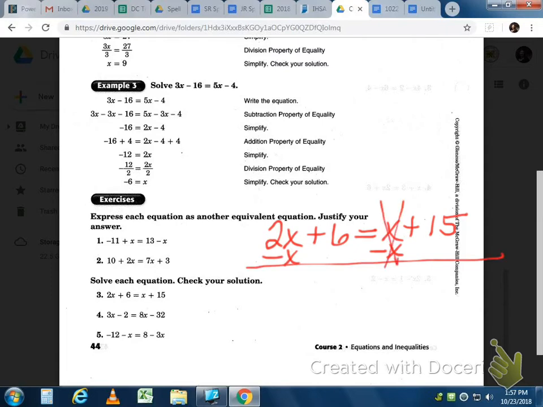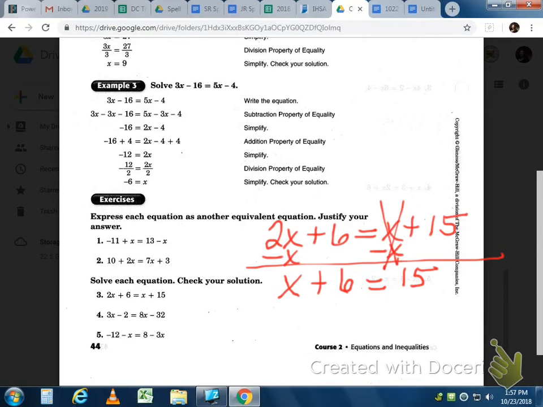So below the line, Dylan, from left to right. 2x minus x. 2 minus 1. 1x, and I'm just going to write x. Plus 6 equals, what do I put on the right? Just 15.